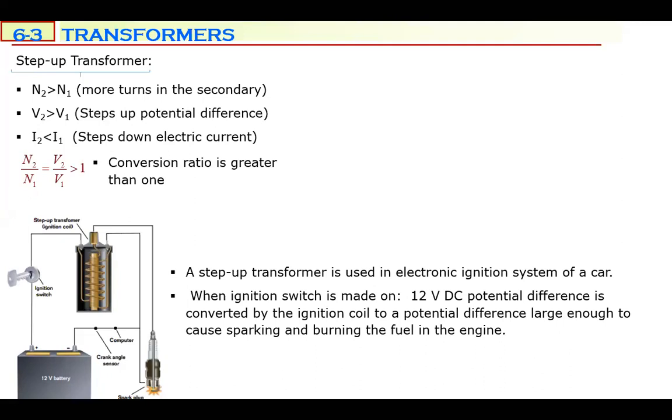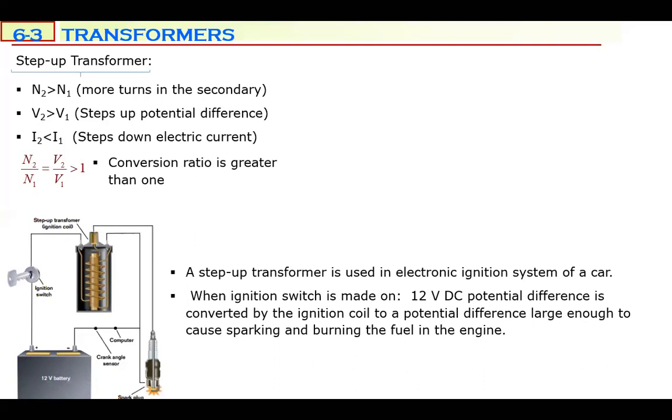So how can you get a very big potential difference? By using step-up transformer or step-down transformer? Of course, step-up transformer. That's why in car ignition system, we use a step-up transformer to increase this 12 volt to a potential difference which is about 20,000 volt, 30,000 volt.